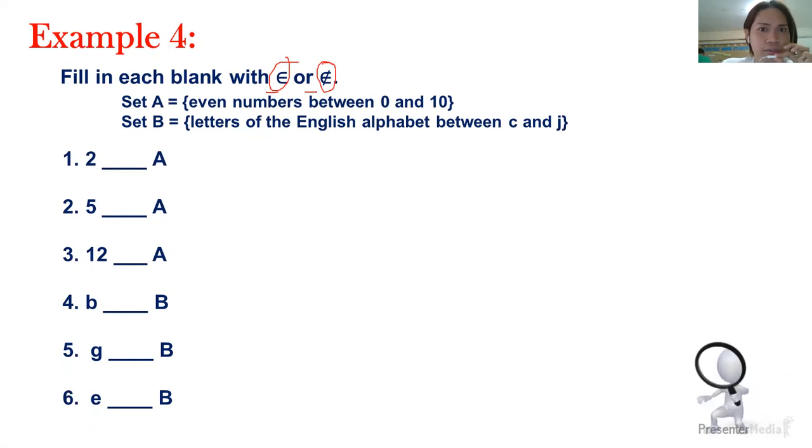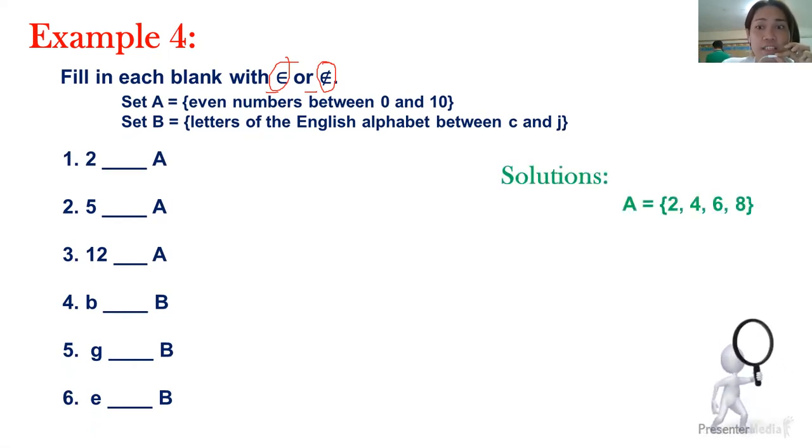So let's start. Set A is the set of even numbers between 0 and 10. Therefore, the elements of A consist of 2, 4, 6, and 8, as you can see in the solutions.